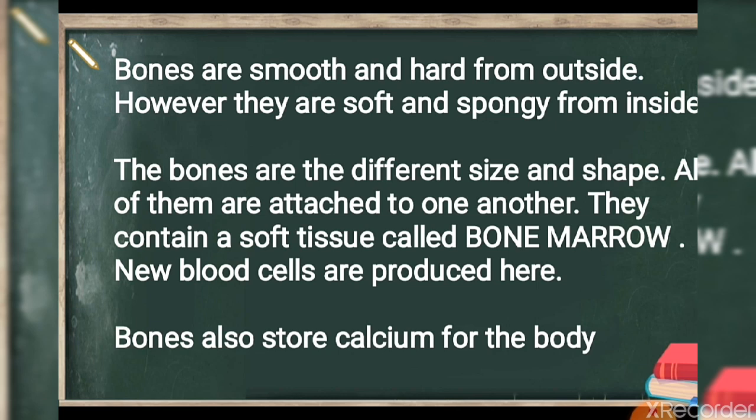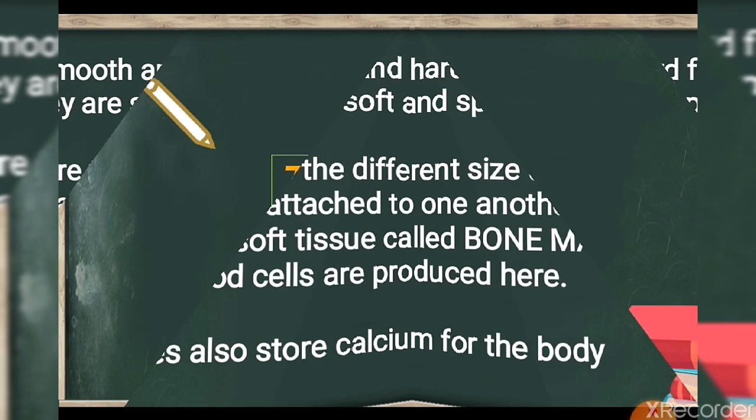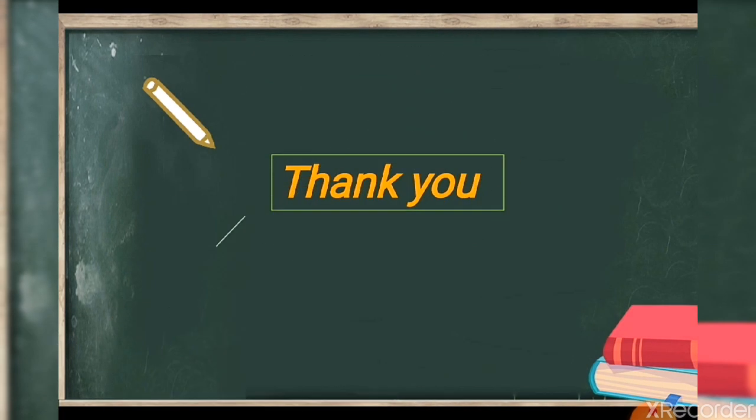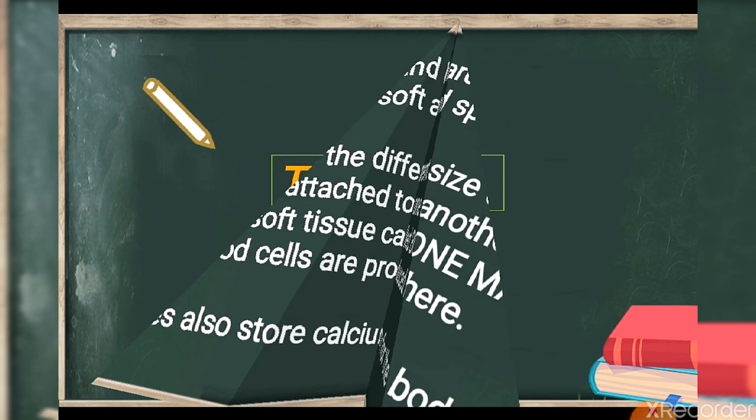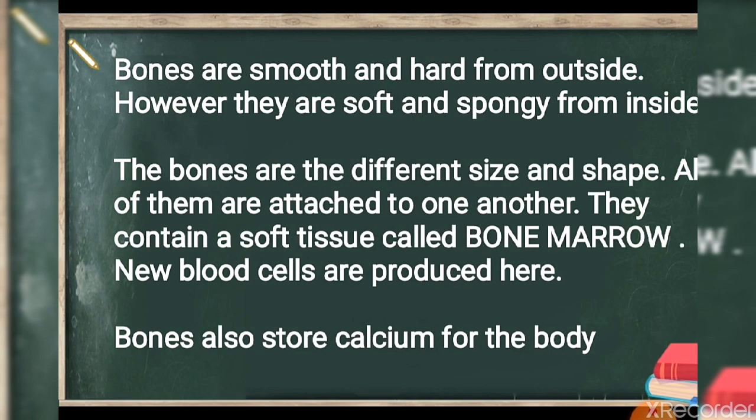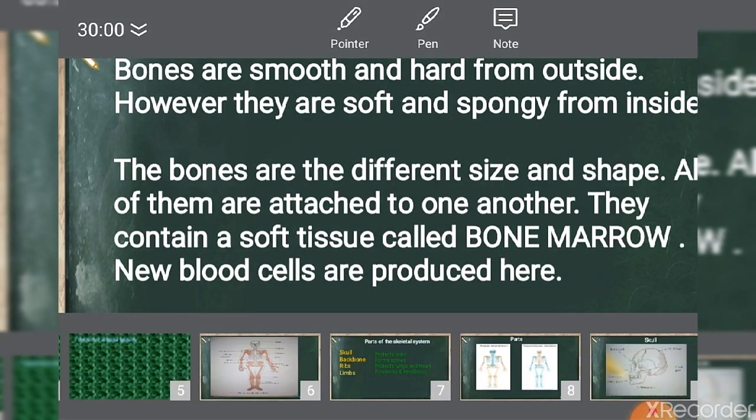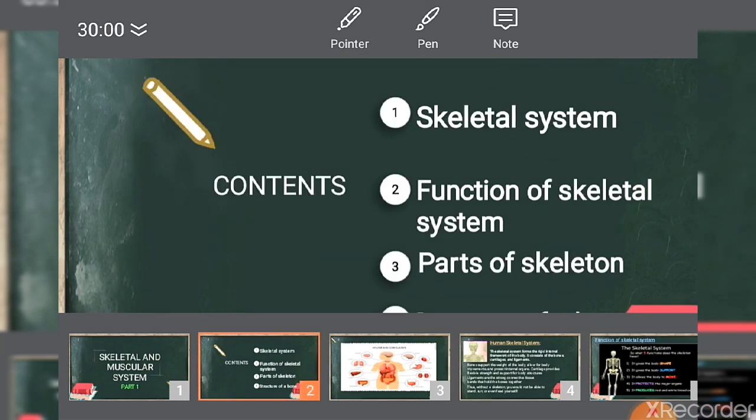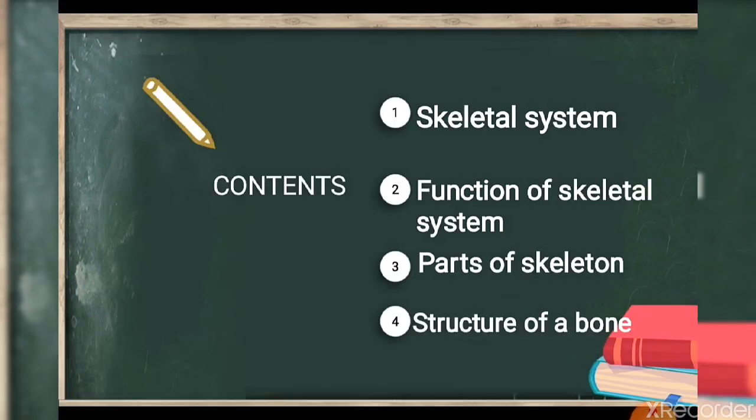These are the works of the bones. Okay, so this was about the structure of the bone. We have read about the structure of a bone, the skeletal system, the function of the skeletal system, and parts of a skeleton.